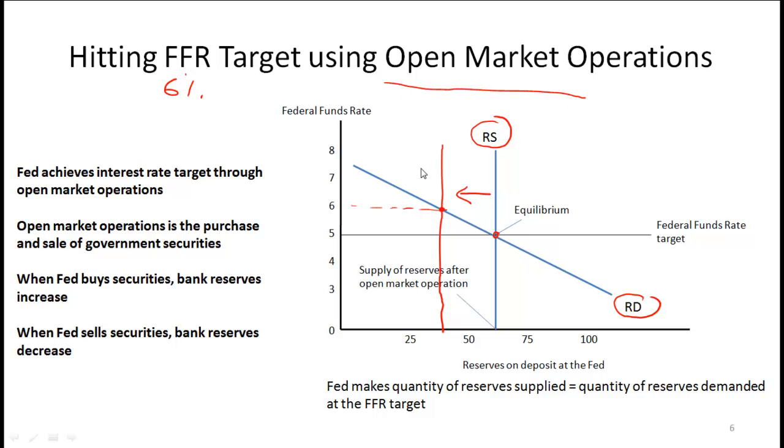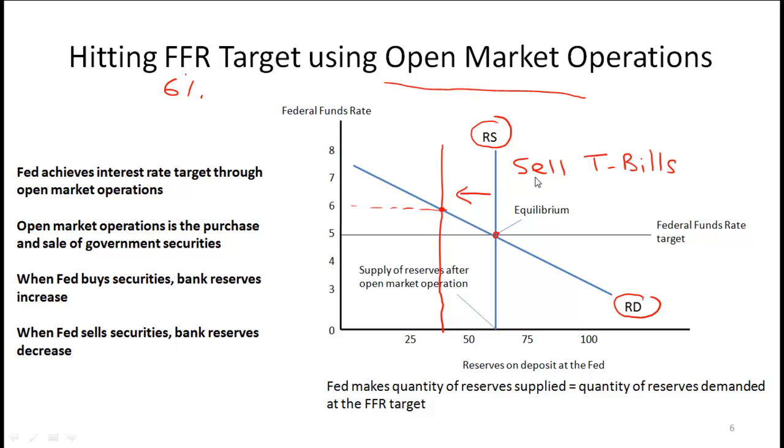Now, open market operations, as we just saw, is the buying and selling of government securities. So will the Fed buy or sell? And the answer is that what the Fed wants to do is reduce money in the banking system. To reduce money in the banking system, the Fed is going to sell government securities.